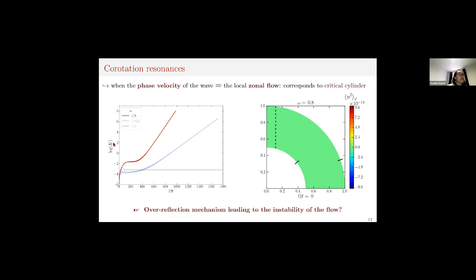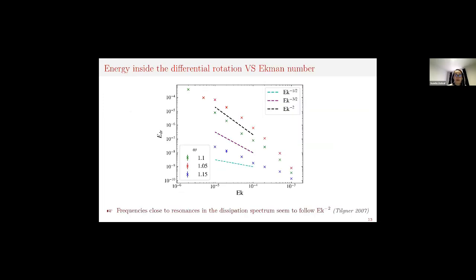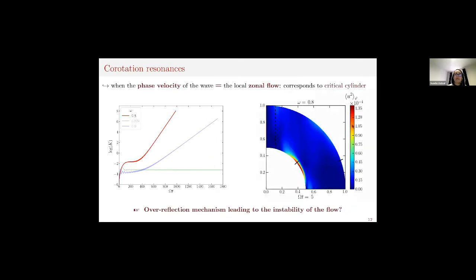So we have the logarithm of the kinetic energy here in a linear simulation with background zonal flows. And you can see that after some time you have a blow up of the kinetic energy. And we have made some snapshot videos again to understand what's happening. Again, you have here the azimuthally averaged kinetic energy. A wave beam is emitted from the critical latitude and is curved by differential rotation.